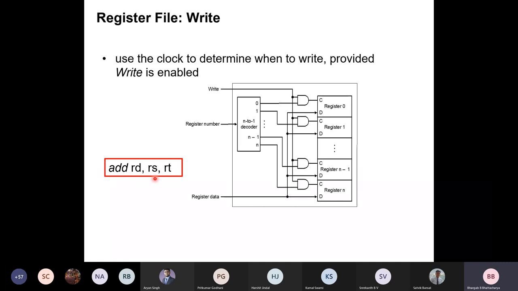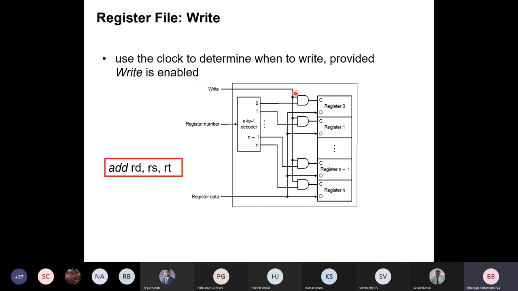So for example, here, after you perform the addition operation, the result should be stored in this register RD. The information about the ID of RD, the register number, is being provided here using this 5-bit binary string. This decoder now selects the particular register from the file, and allows the data line to access that register.